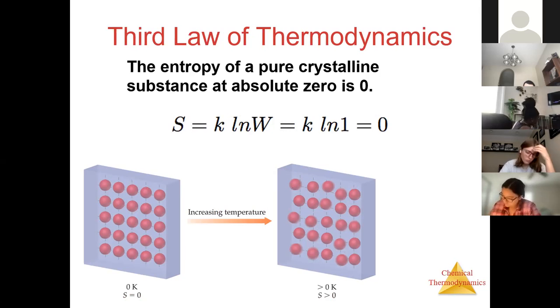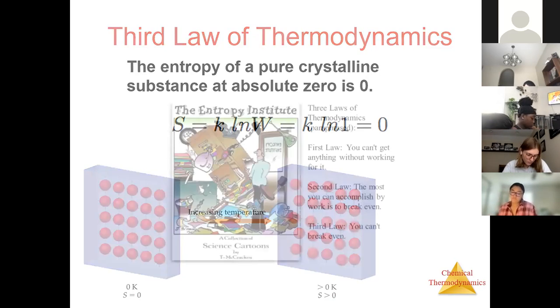In other words, there's only one way, one freedom that that system can have at that point. From the Boltzmann equation, the entropy is equal to his constant times the ln of the number of freedoms. If there's only one freedom, you get the ln of 1, which is 0. So the entropy is 0. The entropy of a pure crystalline substance at absolute zero is 0. That is the third law of thermodynamics.